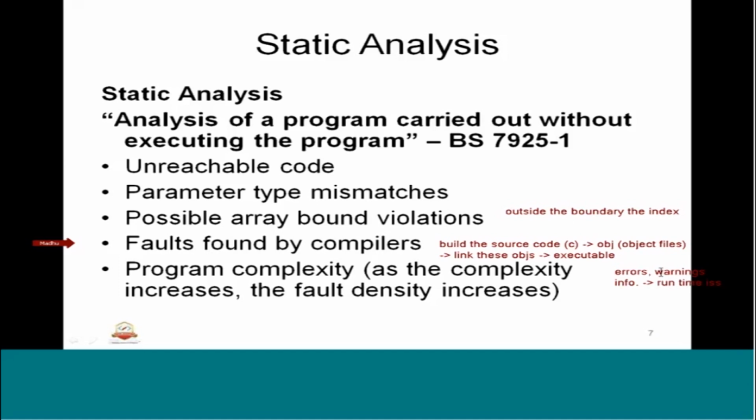What is a runtime issue? Once we build the executable, we execute it on the target, and the faults that come from the program because of these errors, warnings, info are nothing but runtime issues. So with the help of static analysis, all these pitfalls will be brought out.